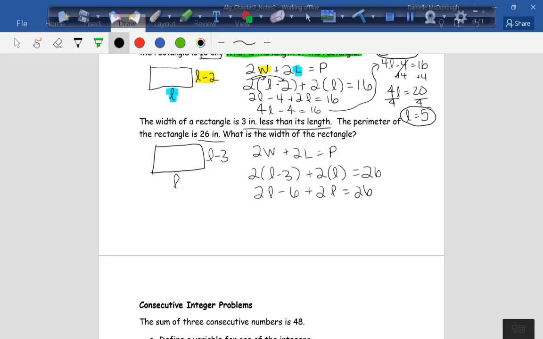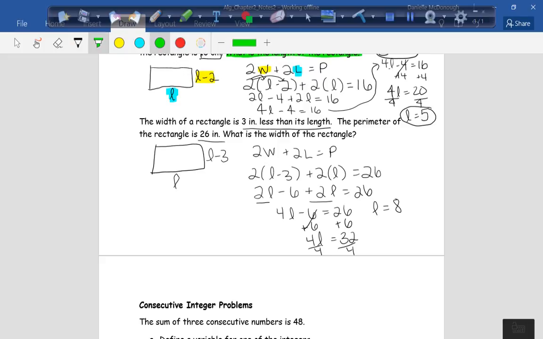I'm going to combine my like terms, which is this 2L and 2L, to get 4L minus 6 equals 26. Add 6, and I'm going to have 4L is equal to 32. If I divide by 4, I'm going to get L is equal to 8.